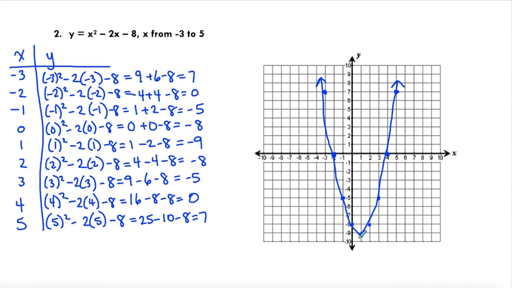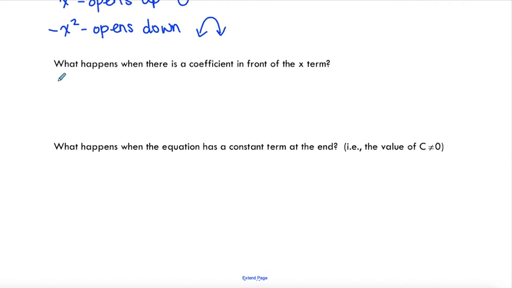It moved it left or right. So instead of starting at the origin, at 0, 0, it moved left and right. And you'll explore more about transformations of parabolas in grade 11. So this is just a quick intro to that.